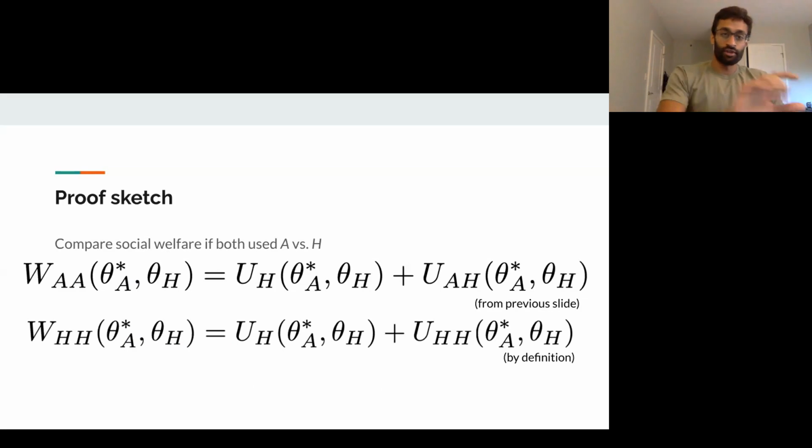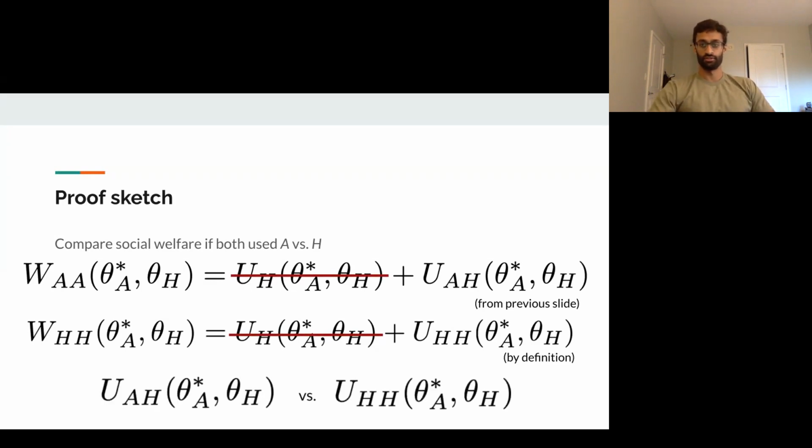Now we have a slightly different expression for social welfare. I've copied this from the previous slide, and by definition, I can also write out the social welfare if both firms had instead decided to use human decision makers. The first firm uses the human, the second firm also uses the human. Now you see that the first terms cancel out, and we're left with the comparison between these two quantities.